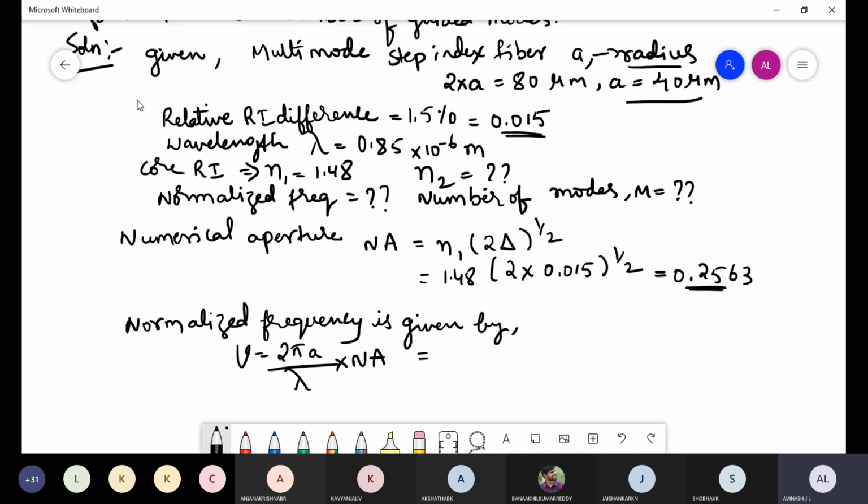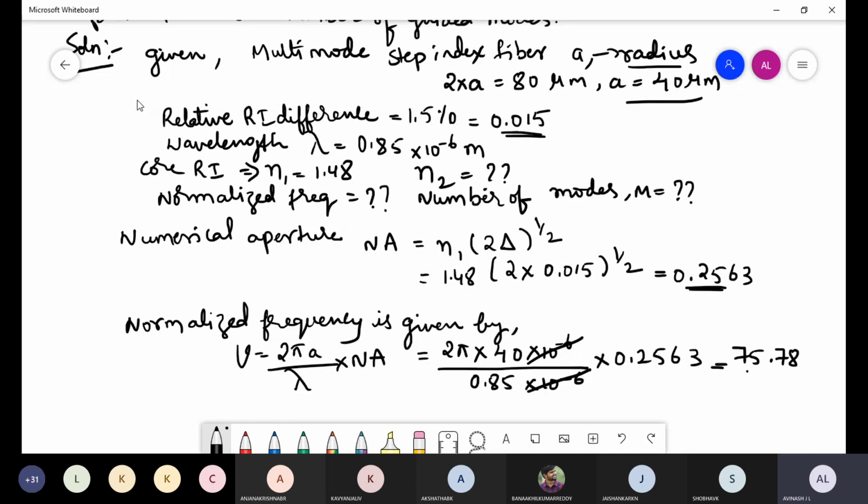In that case, it will be 2 pi into a, which is 40 micrometer, that is 10 to the power of minus 6, divided by lambda, which is 0.85 micrometer, 10 to the power of minus 6, into the numerical aperture value 0.2563. The 10 to the power of minus 6 terms cancel. So the V number we get is 75.78.